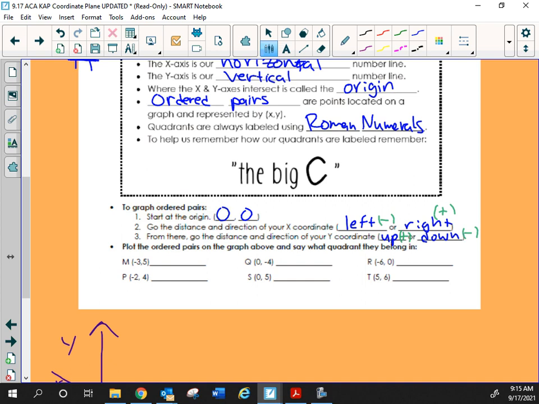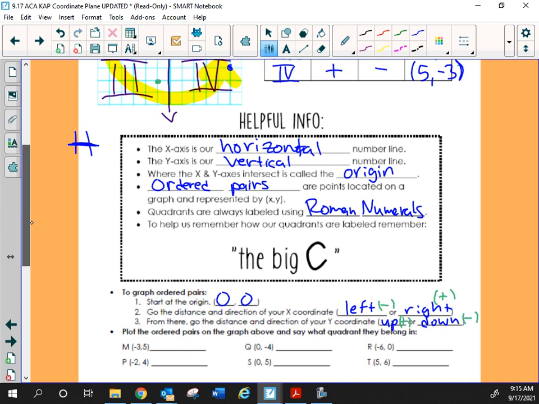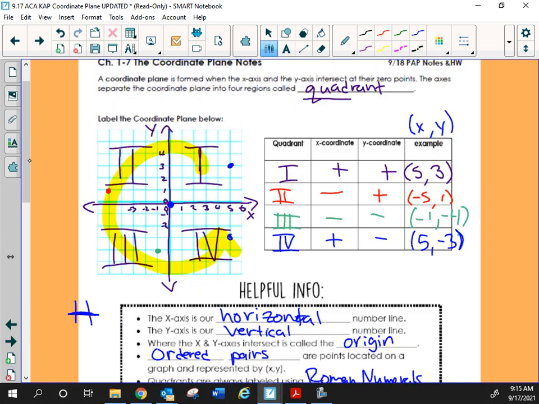Plot the ordered pairs on the graph above, and then say what quadrant they belong in. So I'm going to start with point M. It says -3, 5. So again, I always start where? I always start at my origin. Class, where do I always start? The origin. Okay, that first number, -3, tells me to move in what direction? Left. 1, 2, 3.